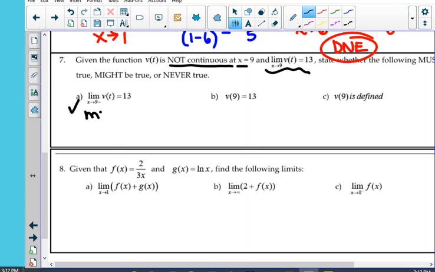So A must be true. You can't have the limit at 9 equaling 13 without the left limit at 9 equaling 13. B is never going to be true, because if B were true, then that would make it continuous.